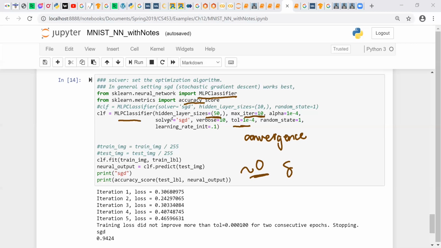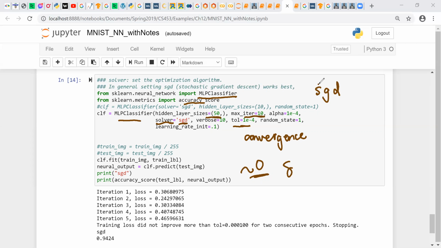And here the solver we specify, we use what? So what does SGD mean? Who remembers? What is S? Stochastic gradient descent. Yeah, very good. You can send your answer to the chat.